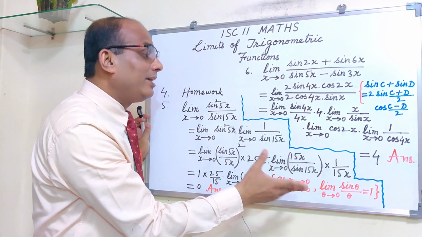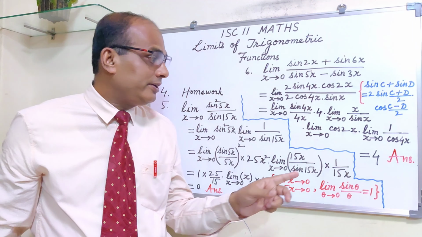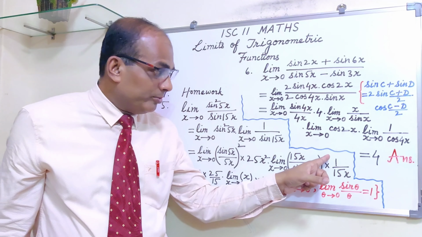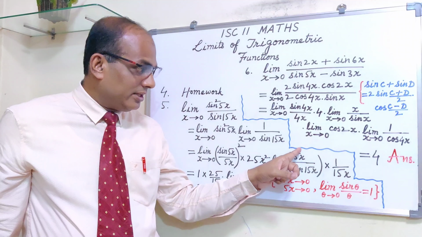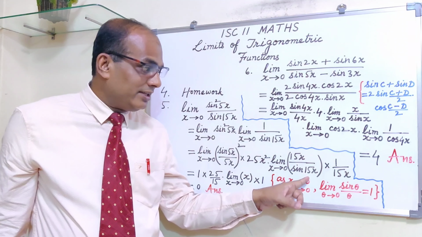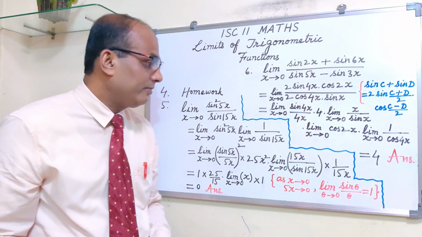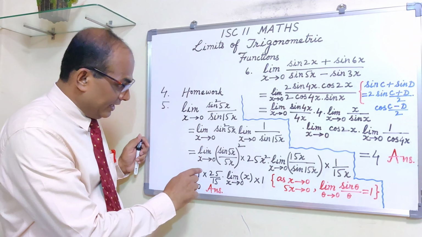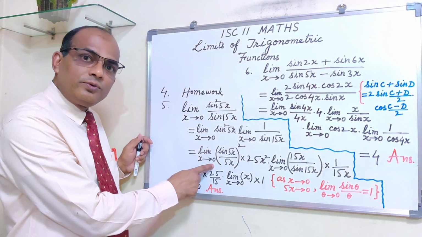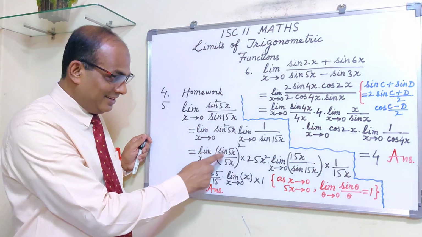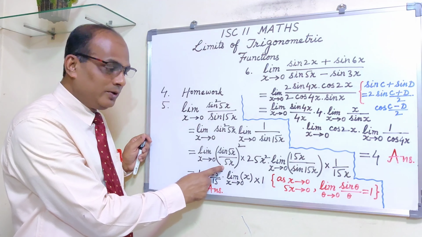That means we are multiplying numerator and denominator by 15x. So numerator 15x we are taking with this. Now this becomes theta upon sine theta, and this we are adding 1 upon 15x separately.